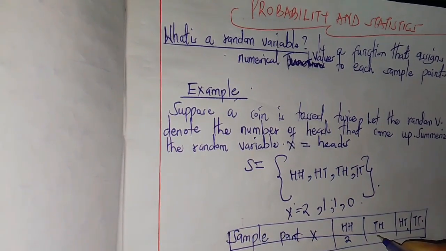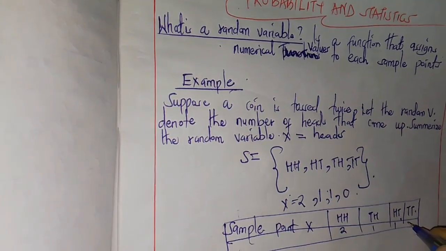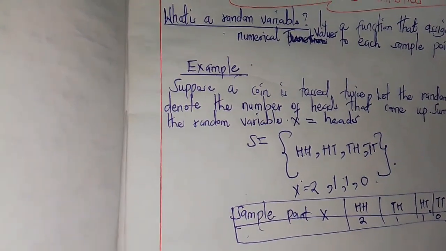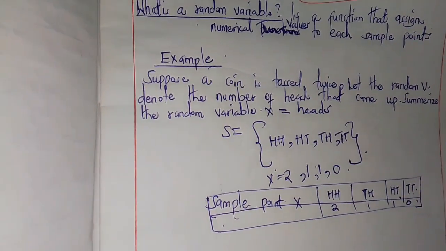So here X is 2, here is 1, here is 1, and here is 0. That is basically how you define a random variable and how you find a random variable.